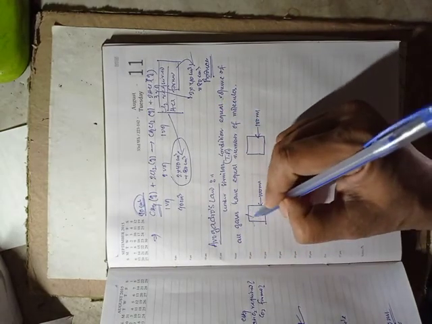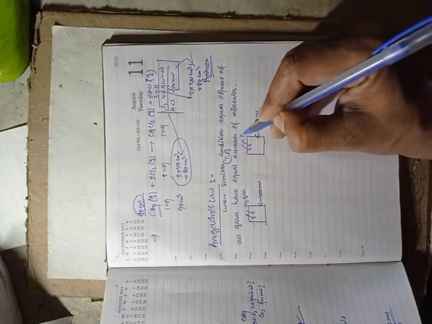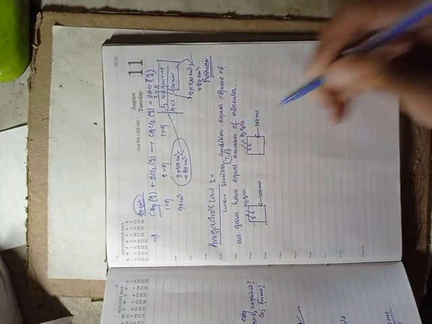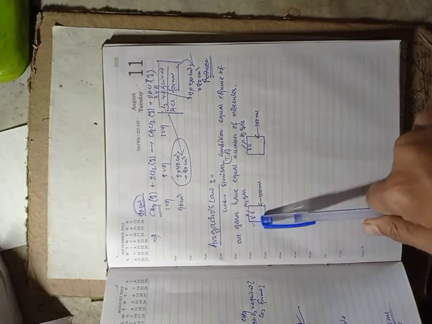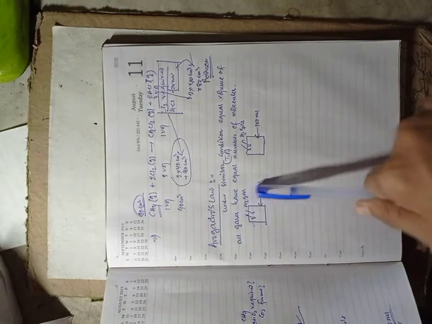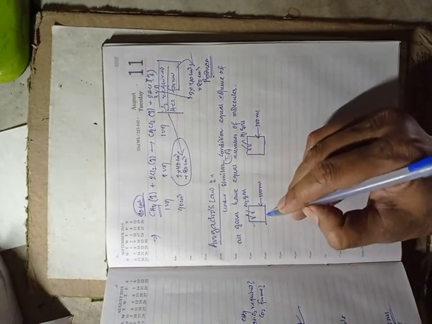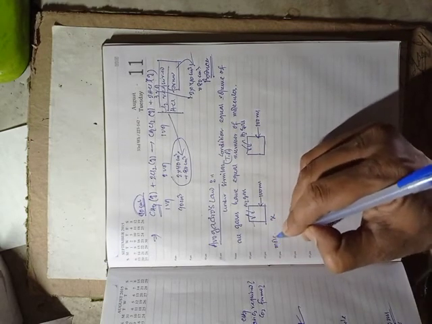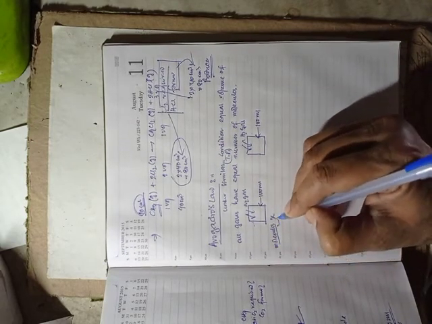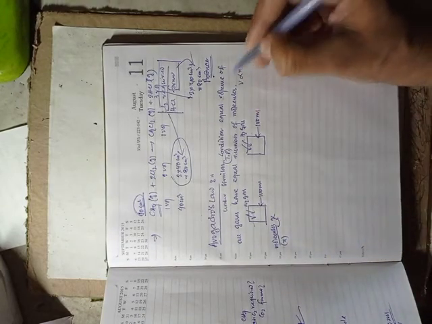Suppose here we are filling with nitrogen gas and here with hydrogen gas. Under similar conditions, a 100 ml container of nitrogen gas has x number of molecules. If the number of molecules is n, you can say V is proportional to n.